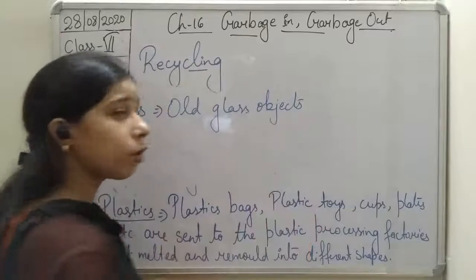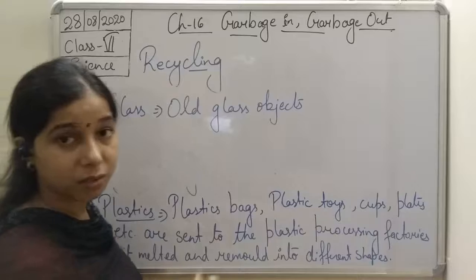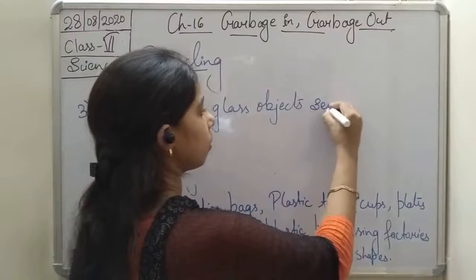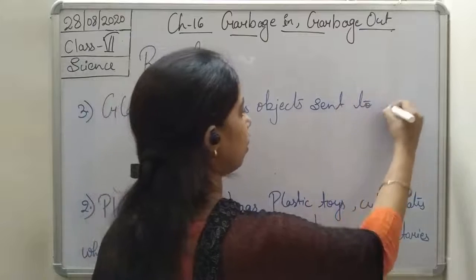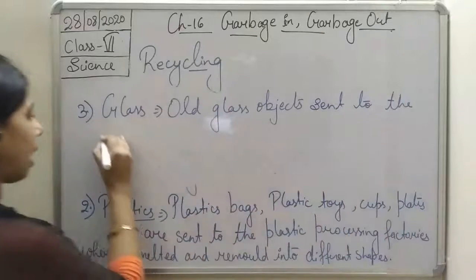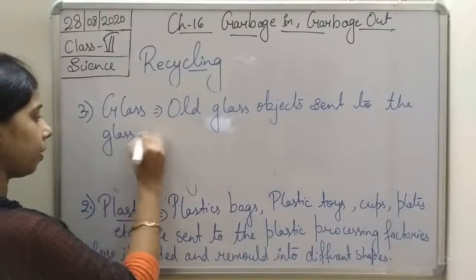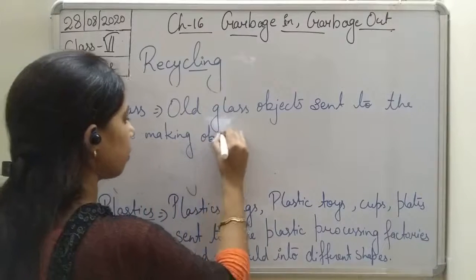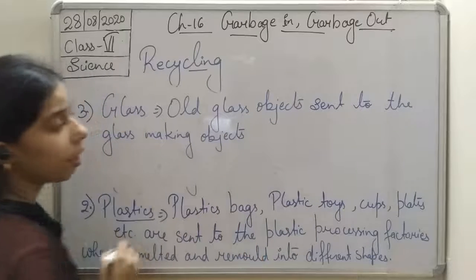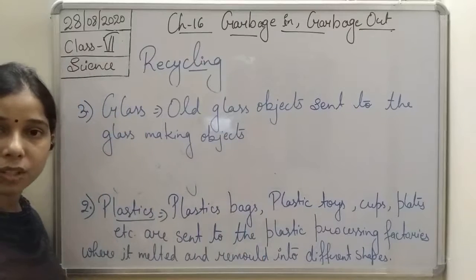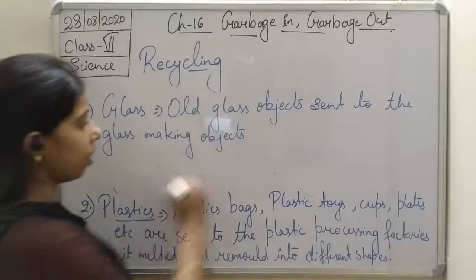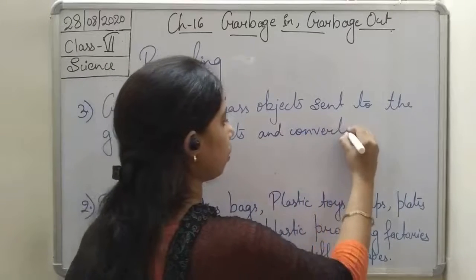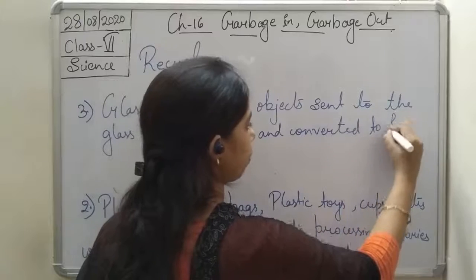Again, these glass objects are sent to the glass making factories where they will get converted into fresh form.